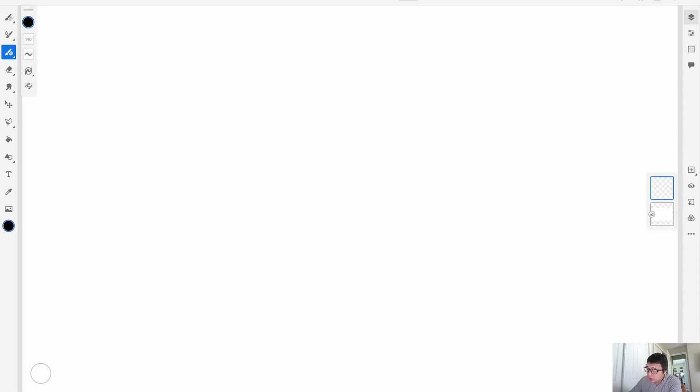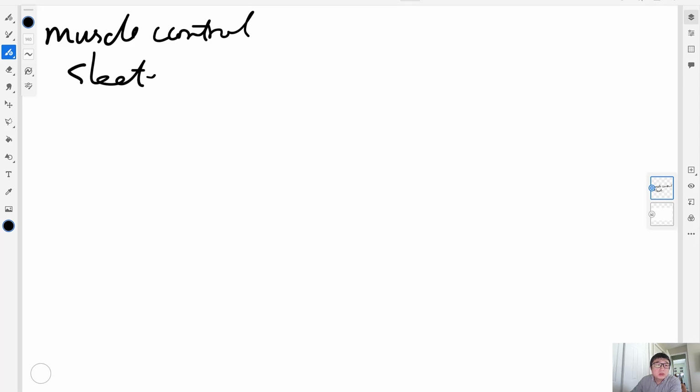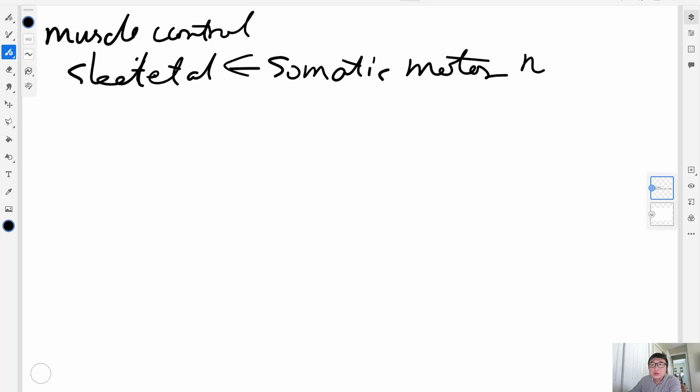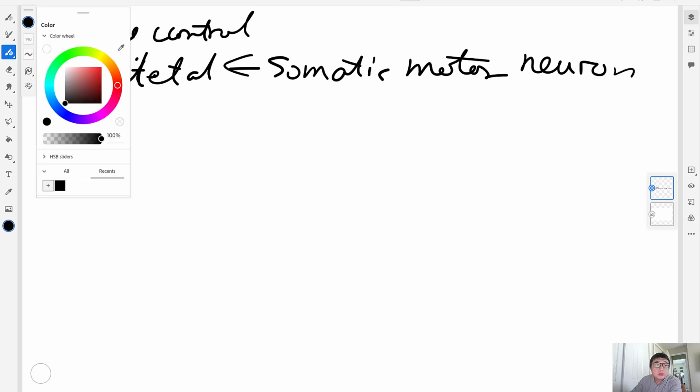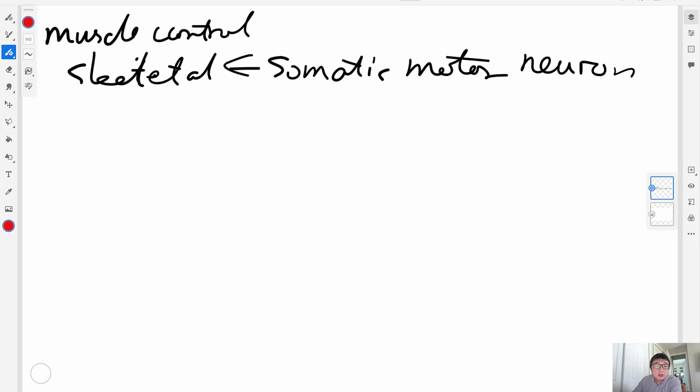So first of all, muscle control. Skeletal muscles are controlled by somatic motor neurons, which means it is voluntarily controlled. Say this is a muscle.